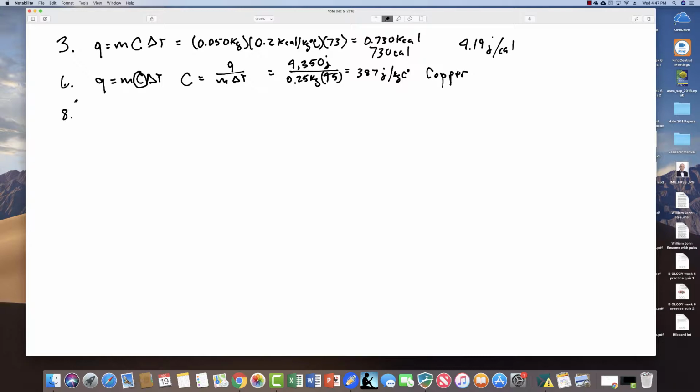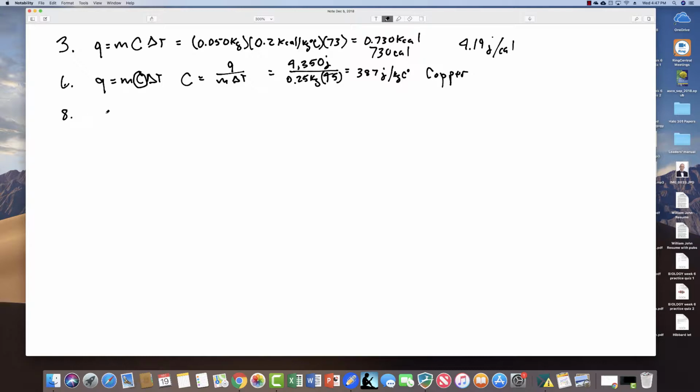Number 8. Number 8 states the number of kilocalories in food is determined by calorimetry techniques in which the food is burned and the amount of heat transfer is measured. How many kilocalories per gram are there in a 5-gram peanut if the energy of burning it is transferred to 0.5 kilograms of water held in a 0.1 kilogram aluminum cup, causing an increase in temperature of 54.9 degrees?